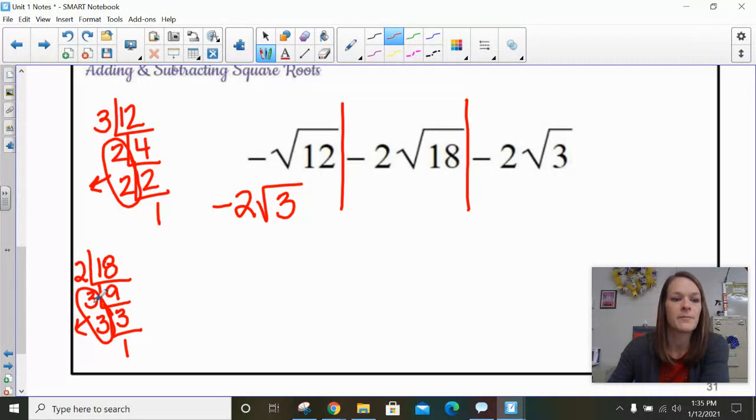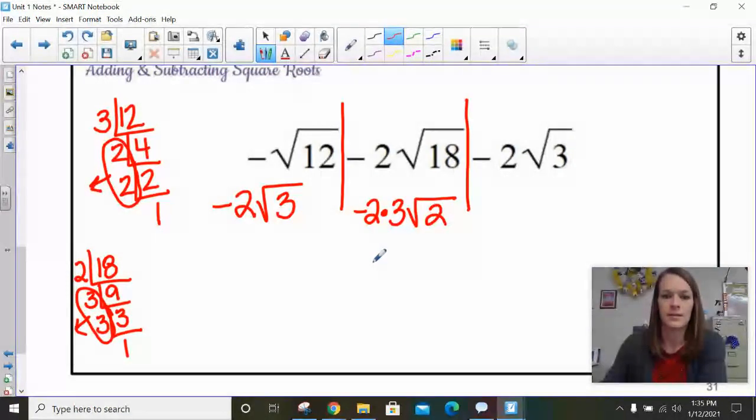That 3 is going to come out of the radical and multiply by the negative 2 that's here. So it's going to be negative 2 times the 3 that came out. And this 2 that doesn't have a pair will stay. So this will become negative 6 square root 2.